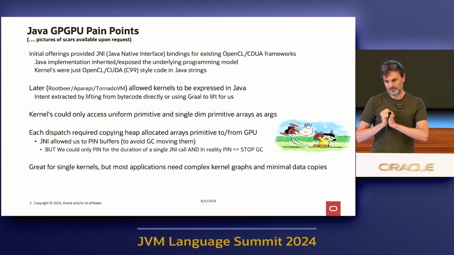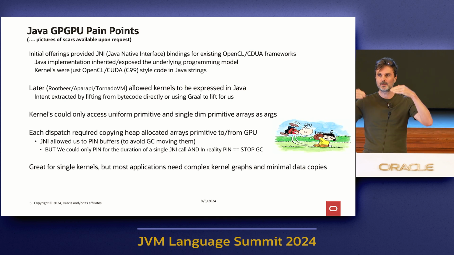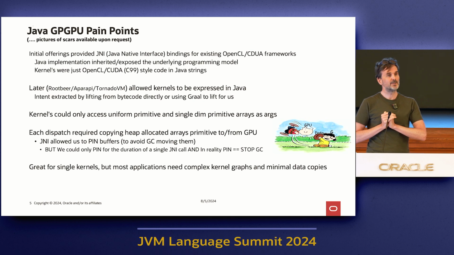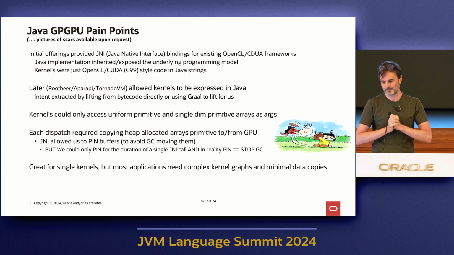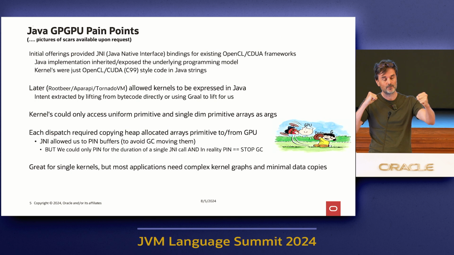At the time when these libraries were being developed, and now, they have certain limitations in the inputs and outputs to kernels, and certain limitations in the efficiency with which they manage data between the GPU and the CPU in terms of copying. Copying is a costly operation between the host and the GPU.